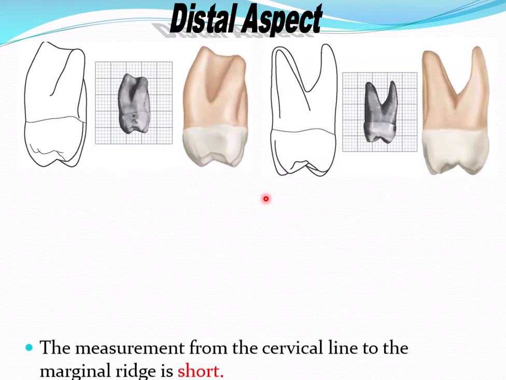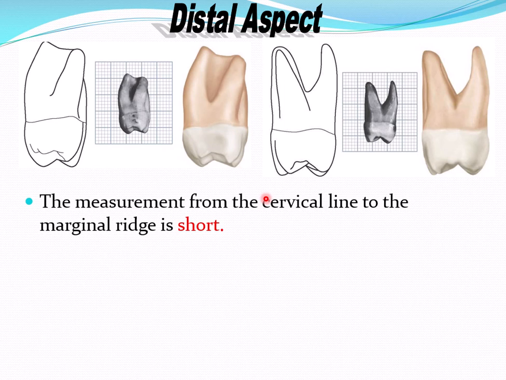Distal aspect here. From the cervical line to the occlusal or marginal ridge, it is shorter than that. Again, this is the maxillary right third molar, maxillary left second molar.